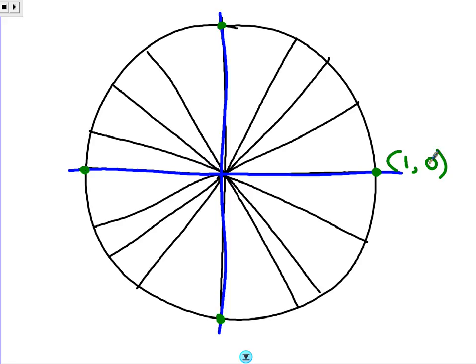To go up here, I go 0 in the x coordinate and 1 in the y. Over here, I went back 1 in the x and 0 in the y. And here's 0 in the x and negative 1 in the y. So just be really careful about your quadrantal angles.